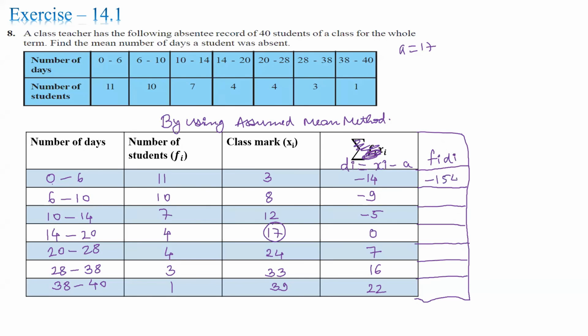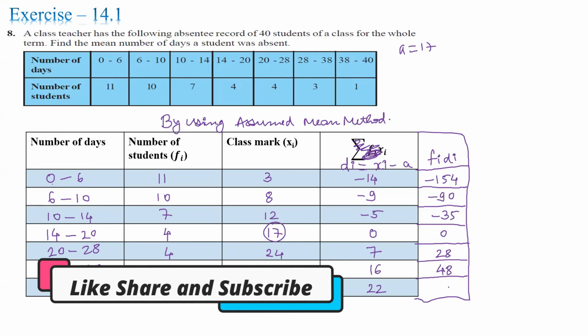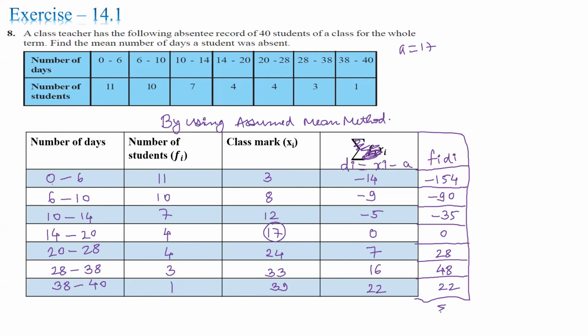Minus 154. Okay. Next, it will come minus 90. It will come minus 35. Minus 5 into 7 is minus 35. Here it will come 0. 7 into 4 is 28. And 16 into 3 is 48. 22 into 1 is 22. Yes, do the summation of these values. That will be your summation of fi di.